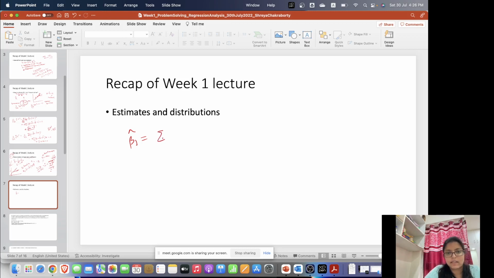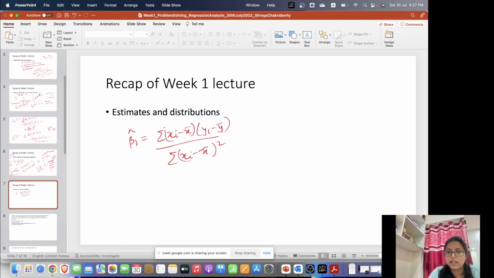Summation xi minus x bar, yi minus y bar, upon summation xi minus x bar whole square. Okay, this thing. And this is a linear combination of yi.